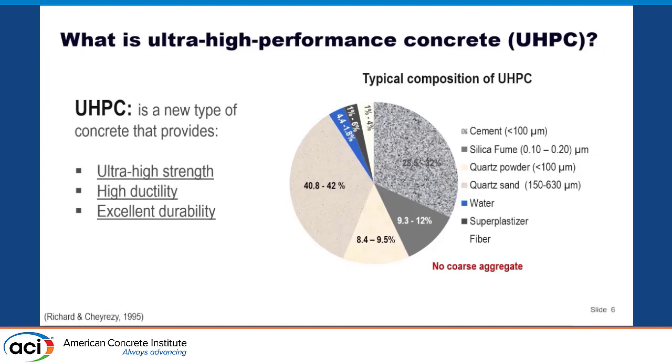Ultra-high performance concrete has been developed to overcome some deficiencies of normal concrete, because UHPC has ultra-high strength, high ductility, and excellent durability. UHPC consists of cement, quartz sand, a huge amount of silica fume, and quartz material, without coarse aggregate.